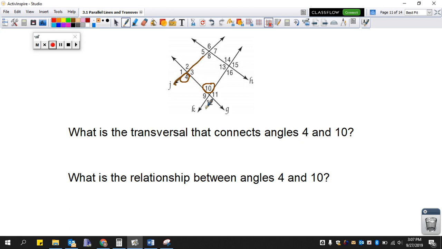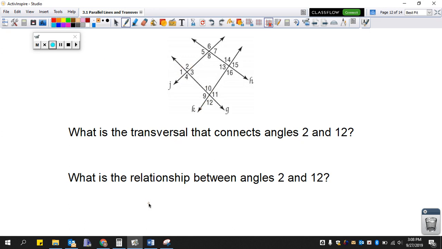So this line is here, this line is here, and the line that goes across it is the transversal, G. And what's the relationship? You see that 4 and 10 are both interior, and they're on opposite sides of the transversal, so that means they're alternate interior angles.